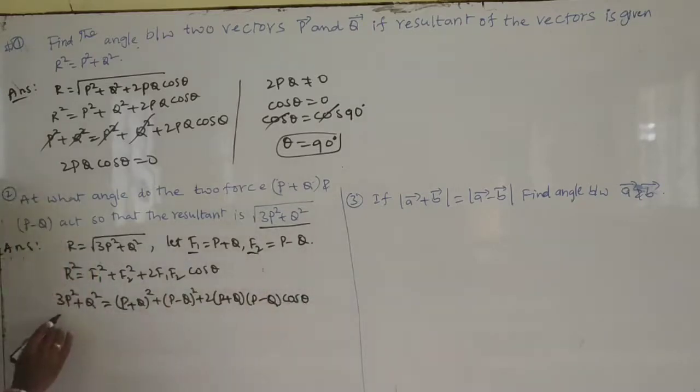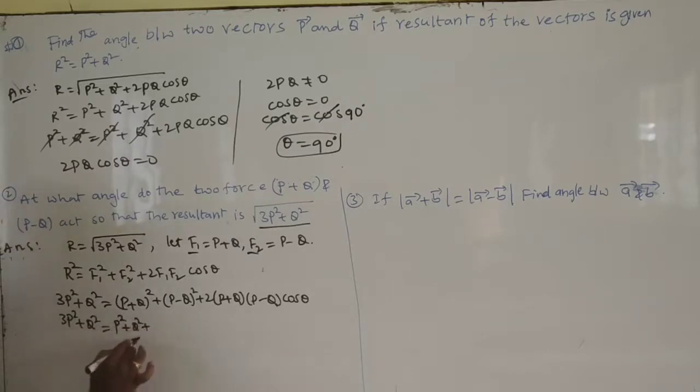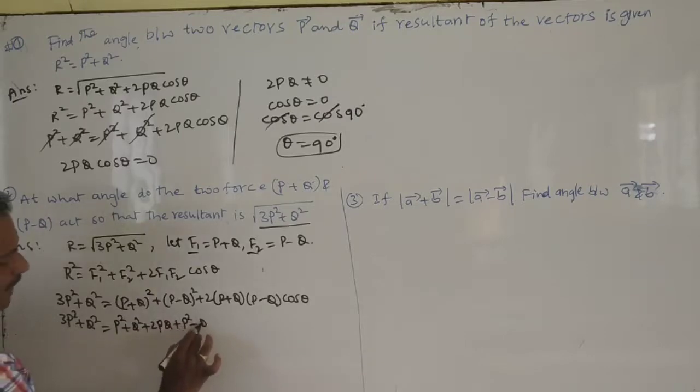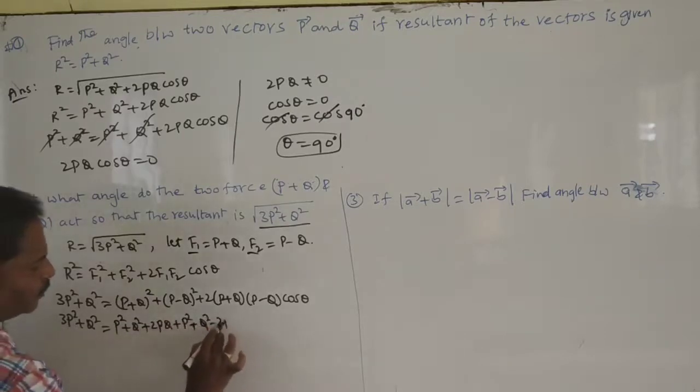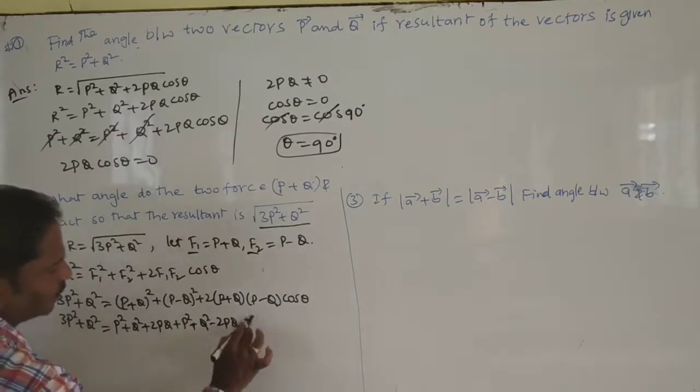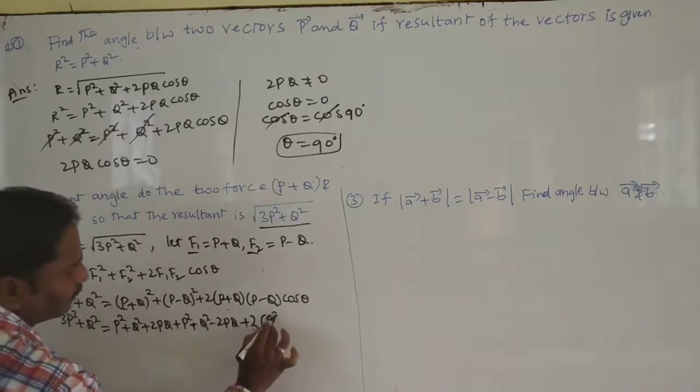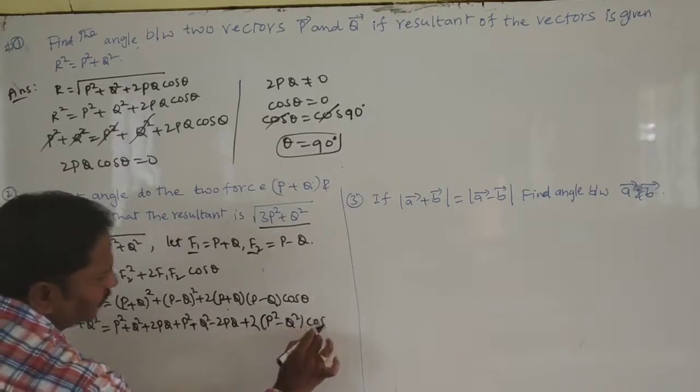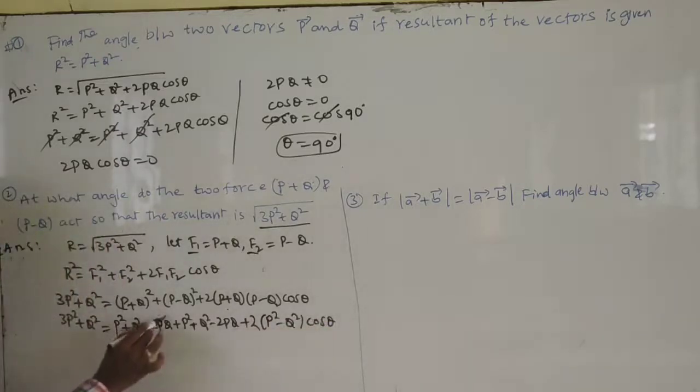So 3P square plus Q square, this is the A plus B: P square plus Q square plus 2PQ plus P square plus Q square minus 2PQ plus 2 into A plus B into A minus B, P square minus Q square into cos theta. Plus 2PQ minus 2PQ cancel. So this becomes 2P square plus 2Q square.